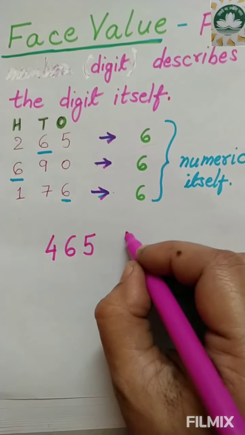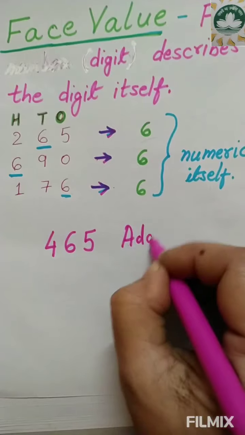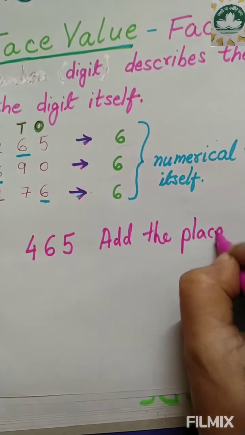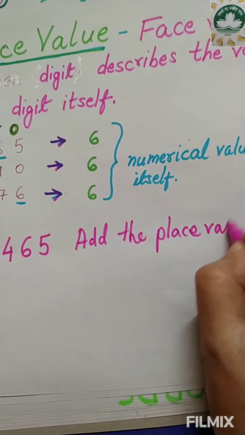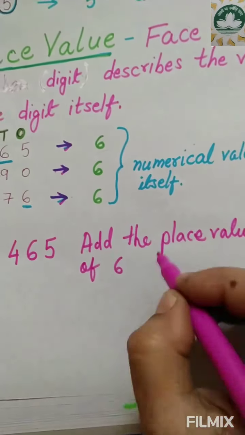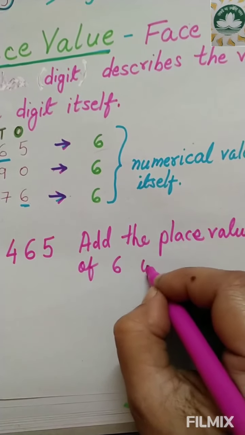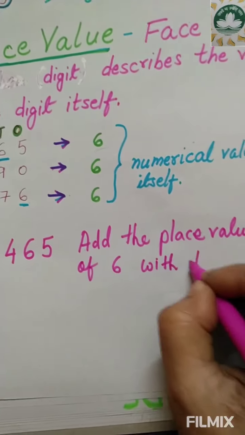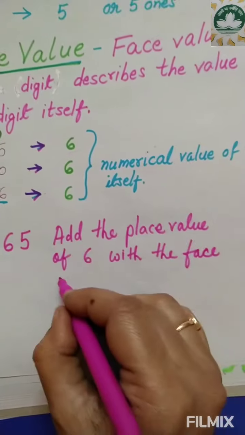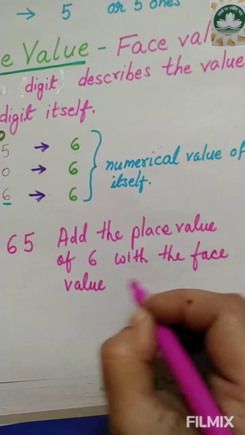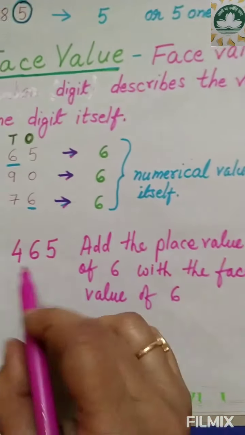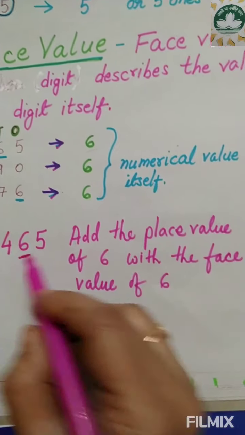Here add the place value of 6 with the face value of 6. So now what will you do? To add the place value of 6 and face value of 6.